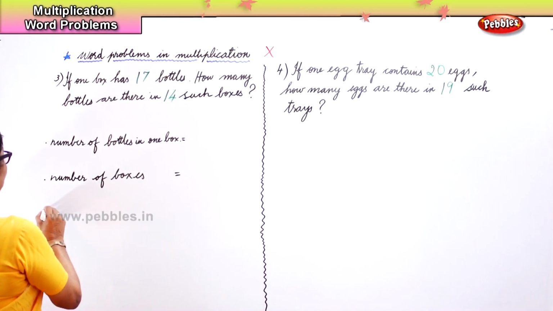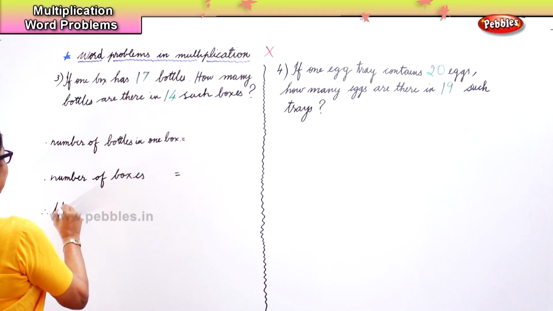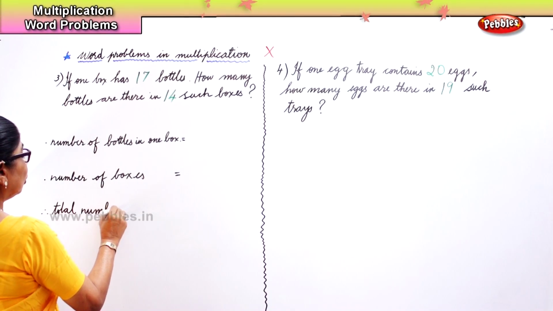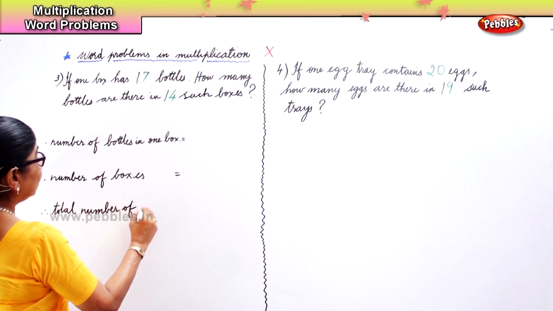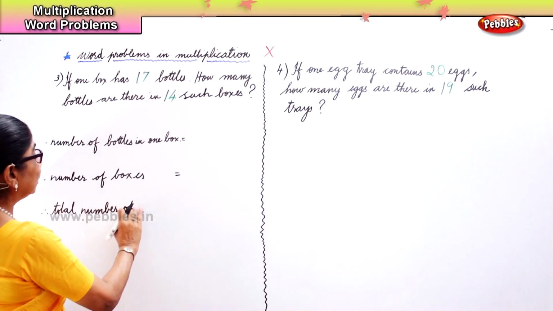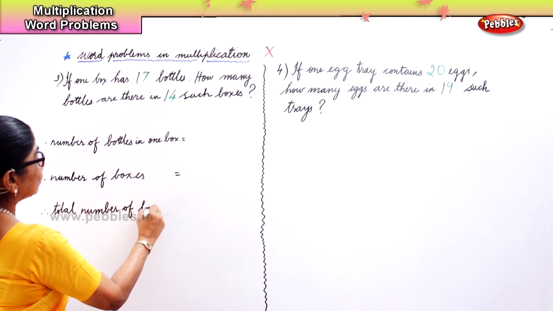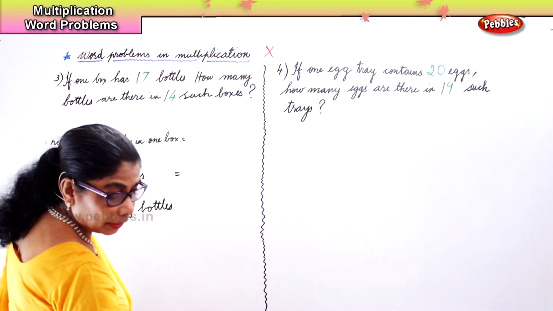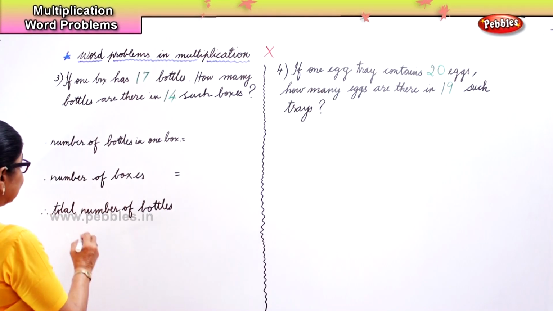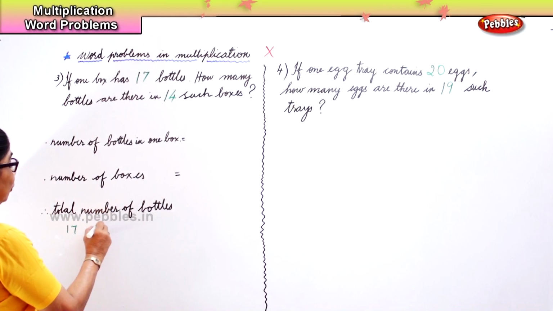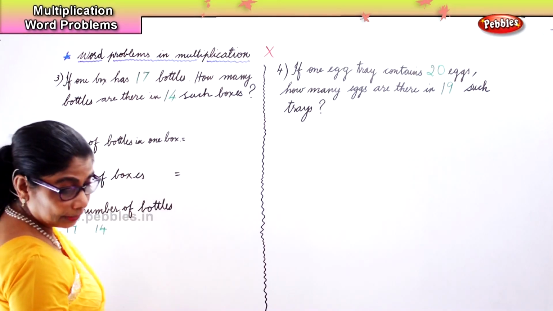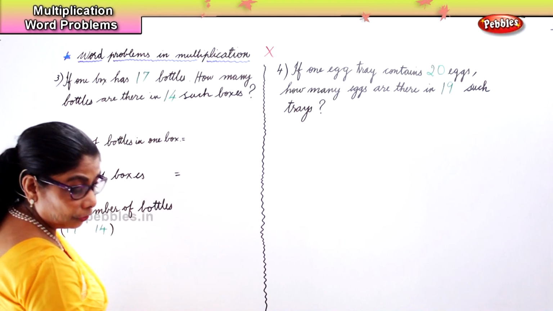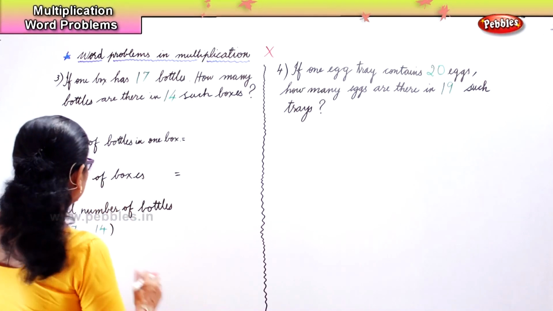So, therefore, total number of bottles. How do we find it? 17 into 14 will give us the answer.